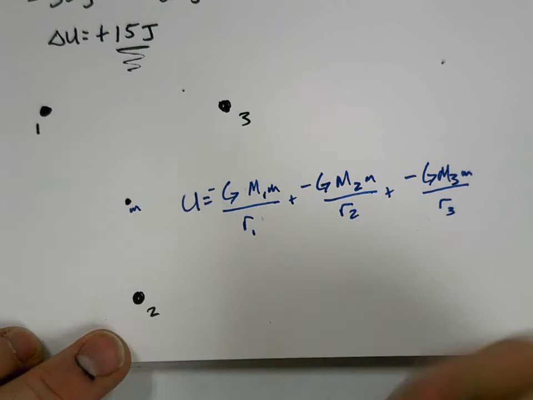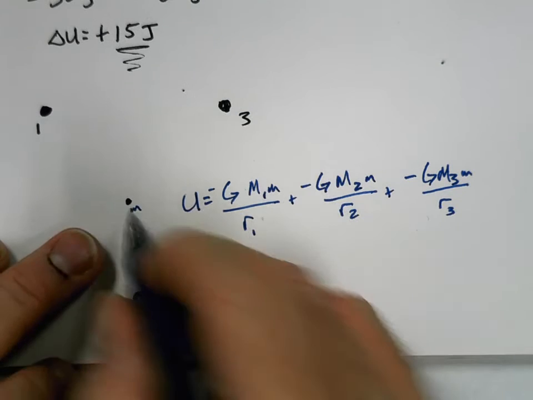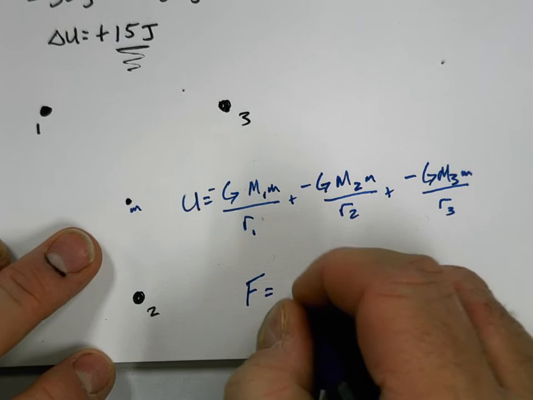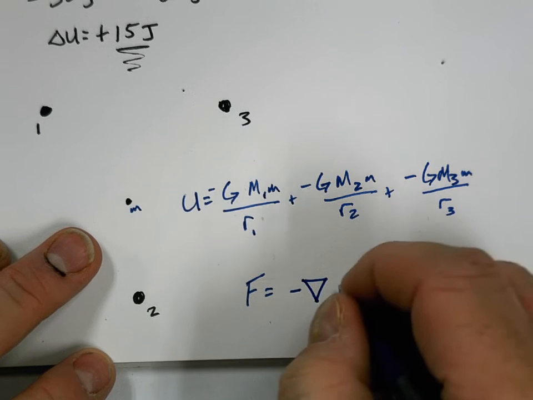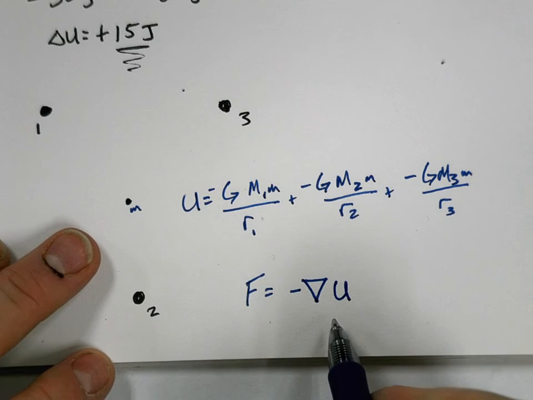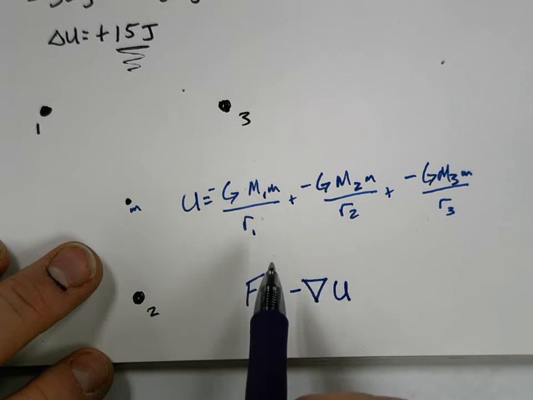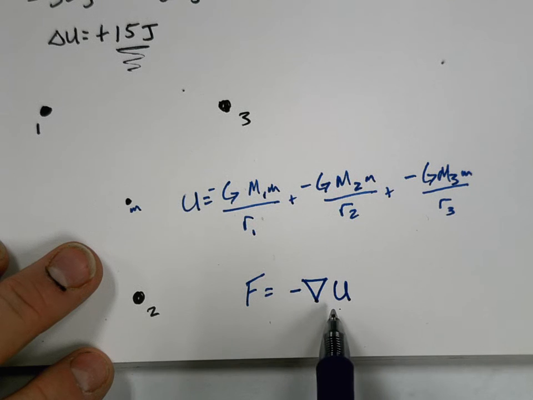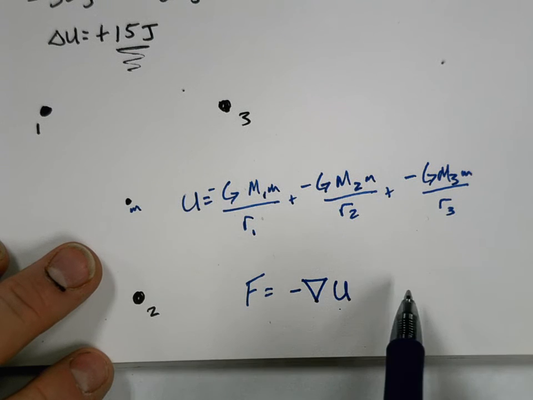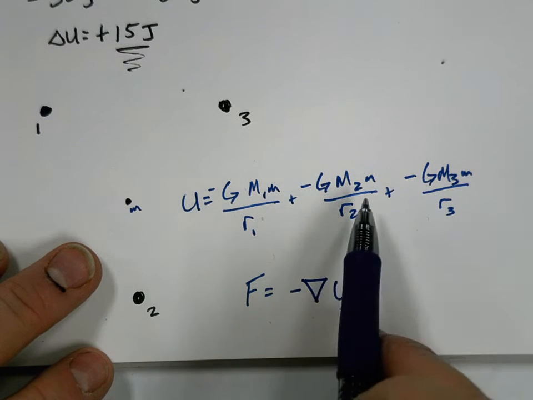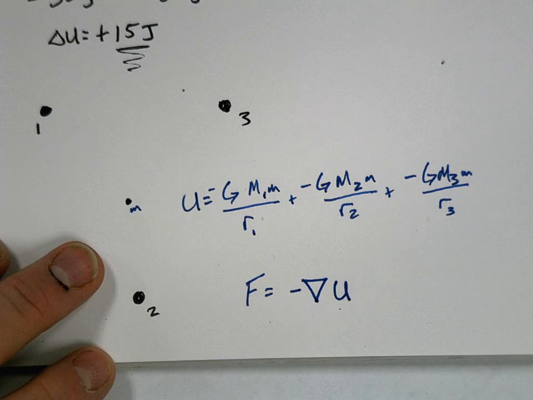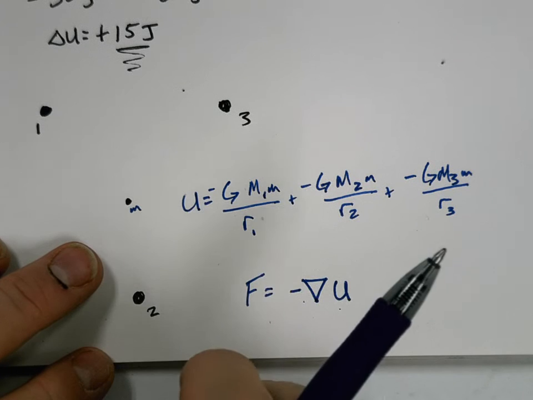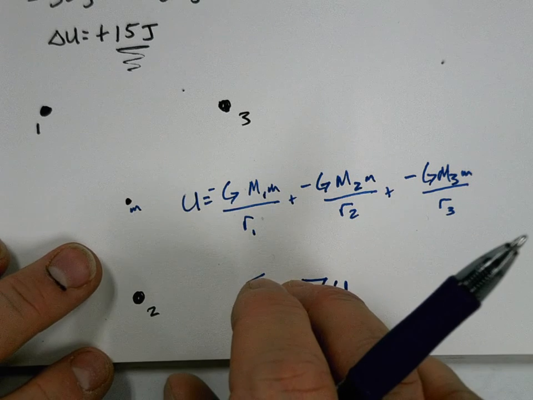You will find that the force that acts on this object is equal to the negative gradient of U. This comes out really nice because it is a set of partial differential equations that isolates the component from each particular mass. We're not going to go into that, although if you take Math 6, I believe it is, at Fresno State, then you'll start getting into gradients. But that is it for gravitational potential energy, and we'll see you guys next time.